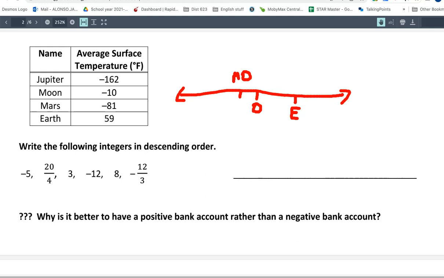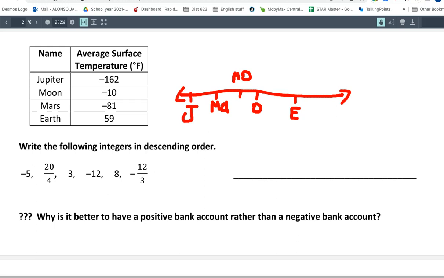Then which one is going to come next? It's going to be Mars, negative 81. And Jupiter will be the last one, which is J. That is pretty much what I want you to do here for this one. Okay?